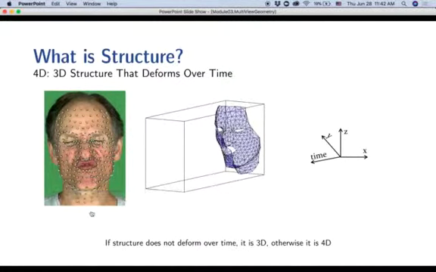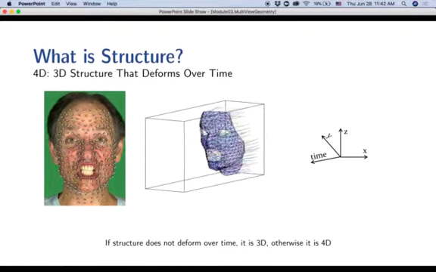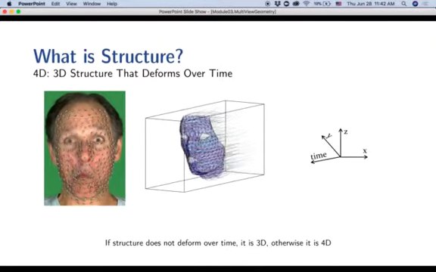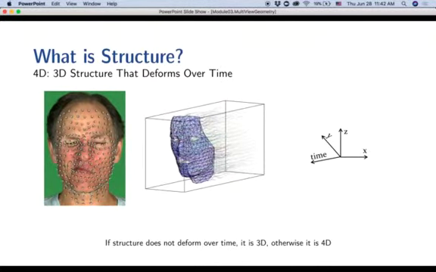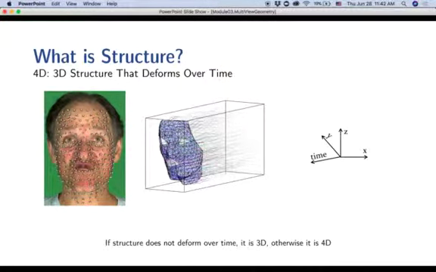What is structure? In general, structure is a four-dimensional entity, because there is the X, Y, and Z axis. It's a 3D point, but the point can deform over time. So that's why it's a four-dimensional entity. You have a set of 3D points at the first time instant, a set of 3D points at the second time instance, a set at the third time instance, and so on.